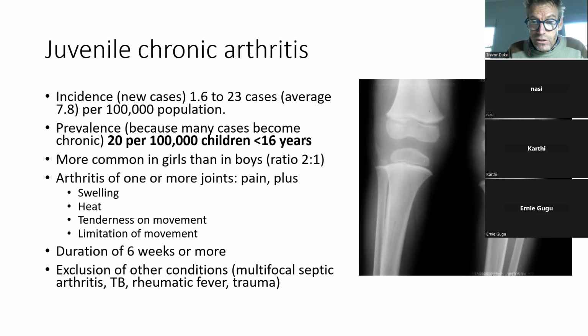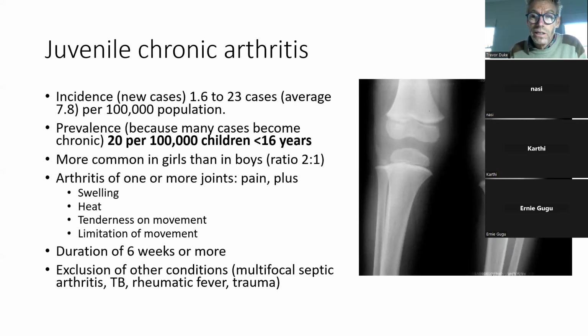Again, with staph septic arthritis, there's usually some other features to suggest it, like a pyomyositis or a cellulitis or an empyema or a skin rash consistent with staphylococcal disease. And then rheumatic fever, which also needs to be excluded before you arrive at a diagnosis of juvenile chronic arthritis. And then simple things like trauma.